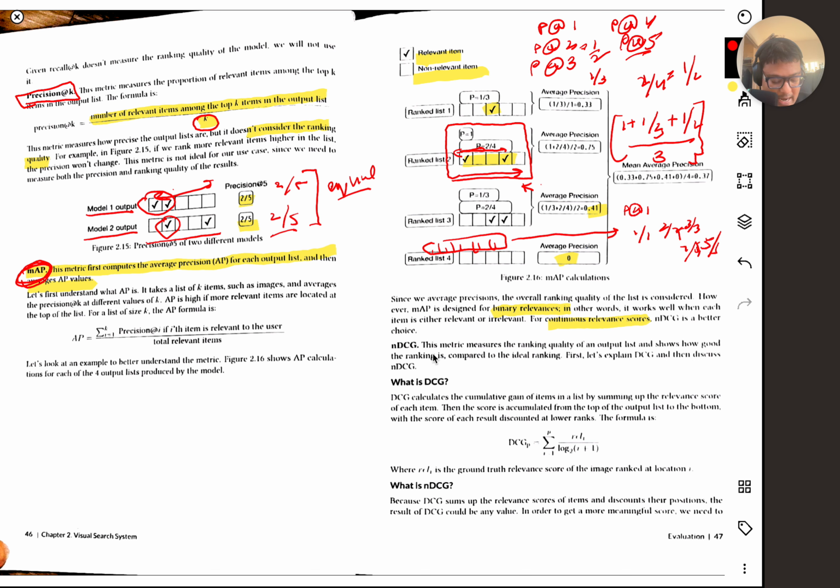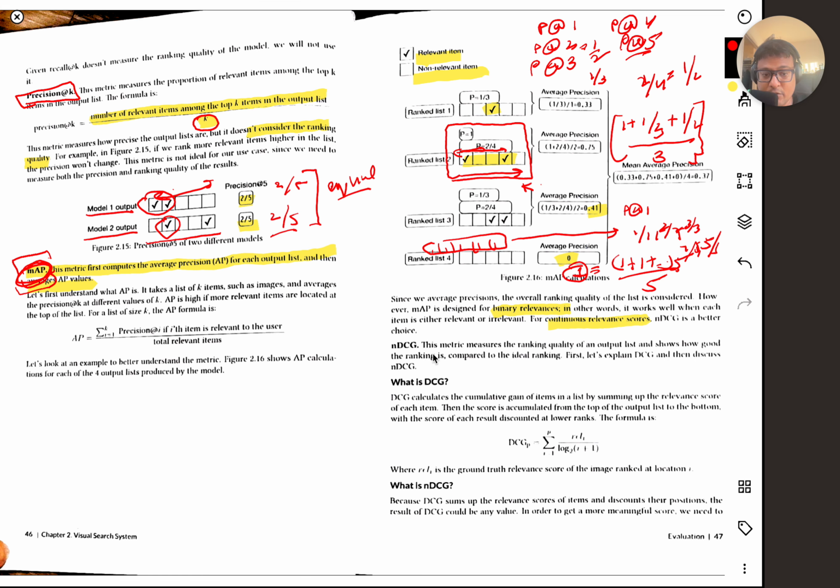When you add this all up, it is 1 plus 1, and so on, 5 times, divided by the number of precisions, which comes out to be 1. So your precision will be 1 if you manage to predict everything perfectly. You can use this type of metric very well, and that's a good choice in practice.